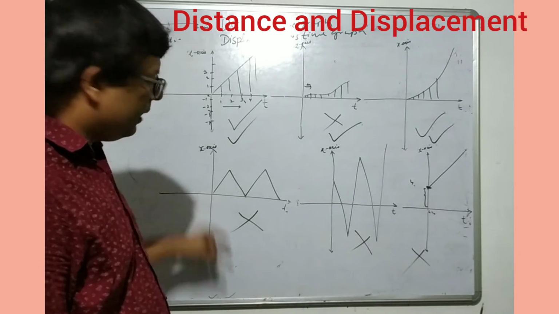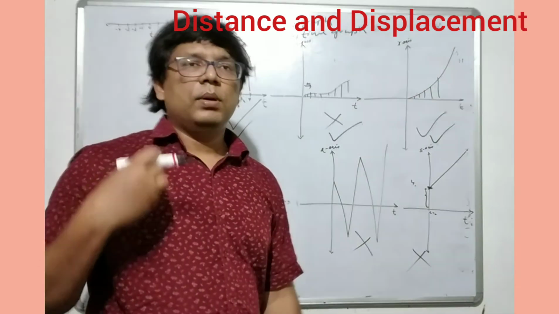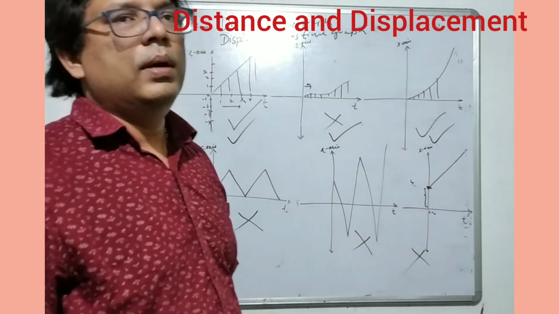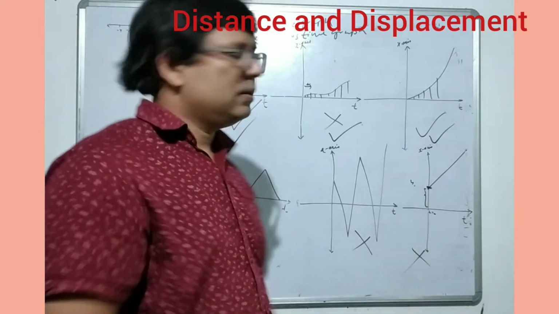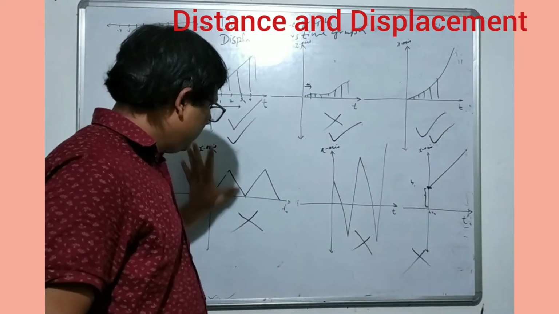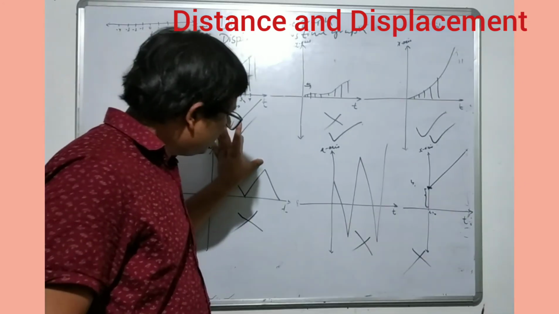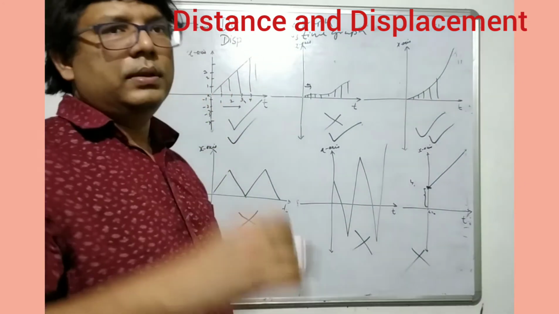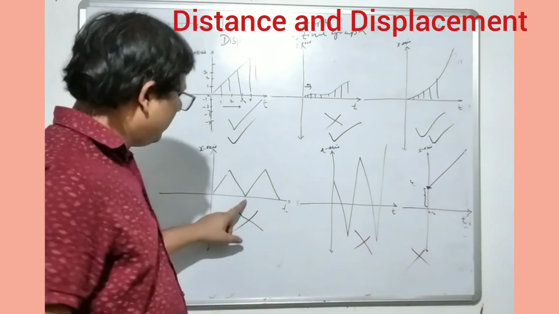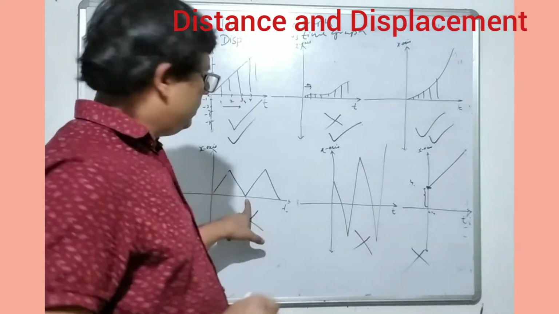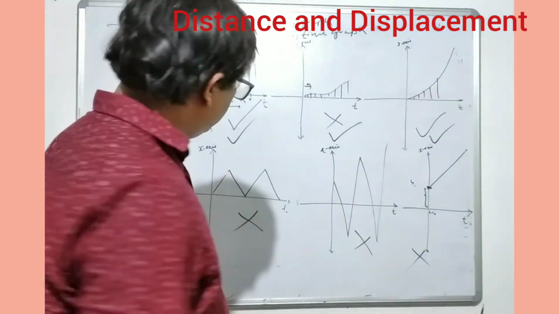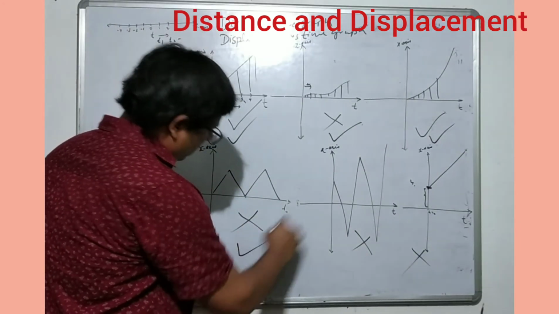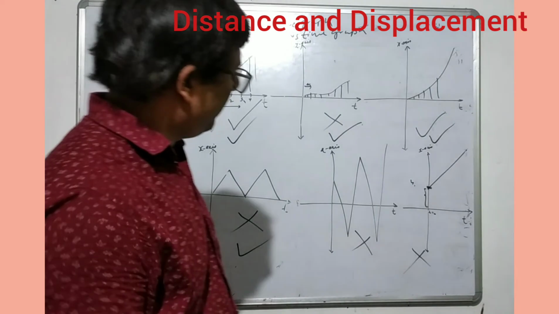Here we are saying that you start from your home, come back home, and again go to the office, and every day you go to the office. This is your office position, then coming back to home. When you come back to home, your displacement becomes zero. You go to the office, again come back to home, and again your displacement becomes zero. So this is also possible.